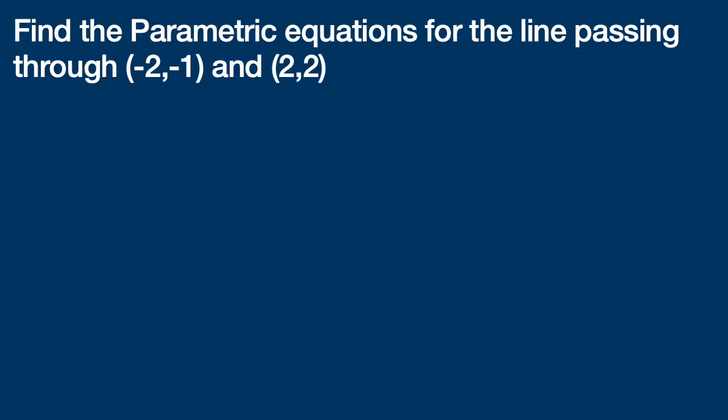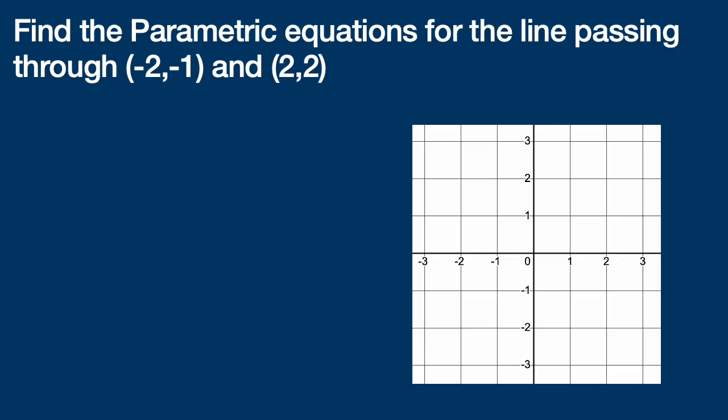Let's have one example: find the parametric equation for the line passing through (-2, -1) and (2, 2). So here is the coordinate plane. The points are (-2, -1) and (2, 2). We want to find this line segment by using a parametric equation.